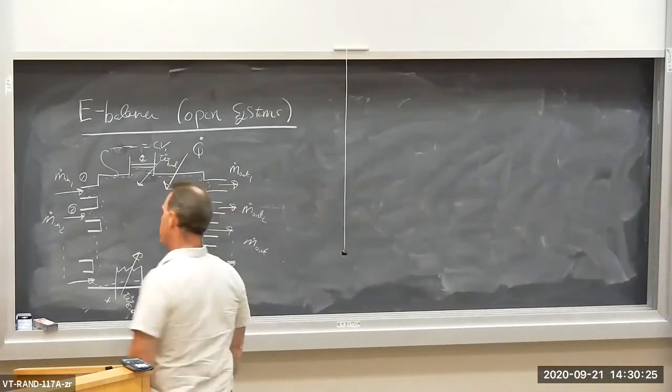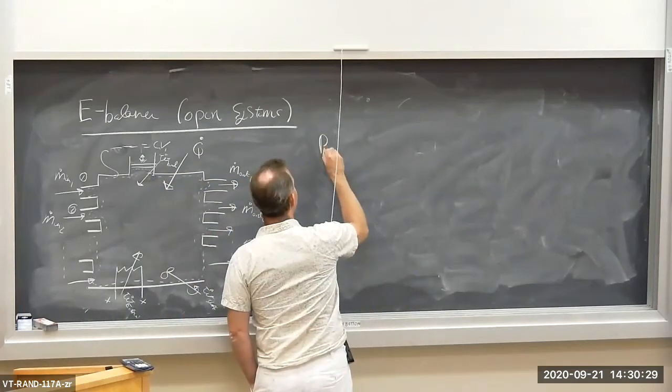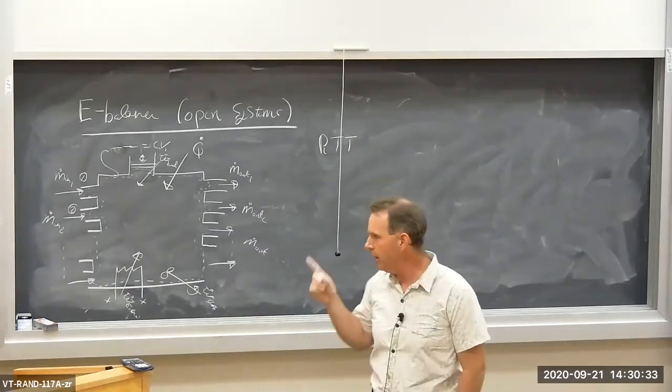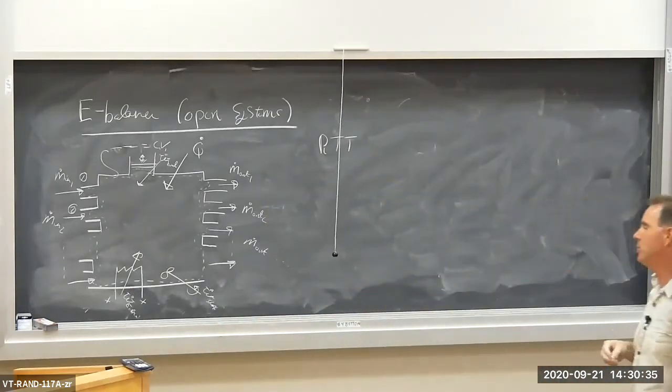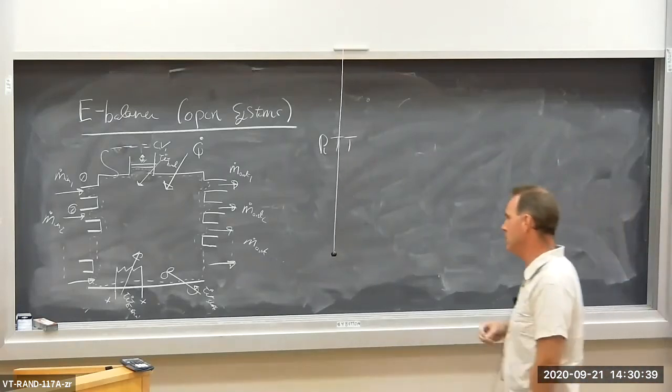Okay, let's write the Reynolds transport theorem here, now that we have an idea of what our system may entail: mass flows across the system boundary, various kinds of heat and work interactions.